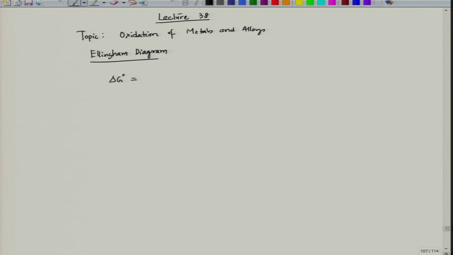So, in the last class we came across this important relation when an oxidation reaction reaches equilibrium, which is minus RT ln PO2 to the power n. This n is 1 when the oxidation reaction is like M plus O2 equal to MO2, or 2M plus O2 equal to 2MO.